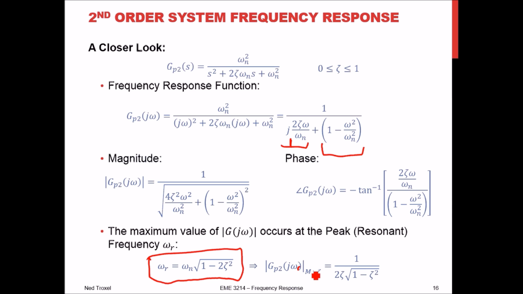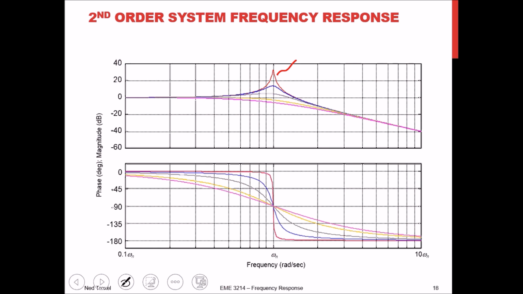In fact, if I have a zeta greater than 1 over square root of 2, or about 0.7, this won't be a real number anymore. Okay, so you will not see any peak at all. That's for a zeta of greater than about 0.707, 1 over the square root of 2. Okay, there's no peak visible.